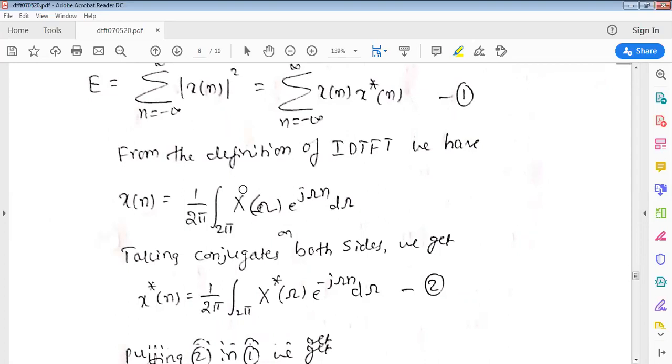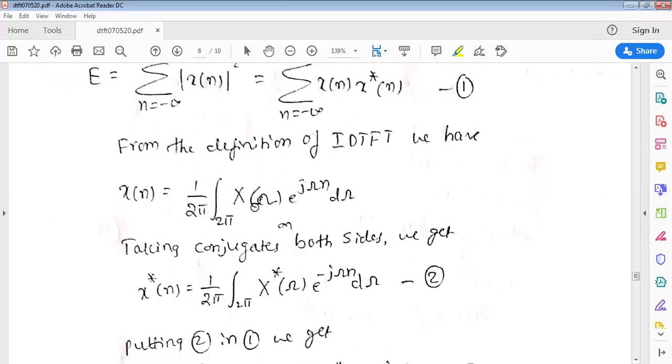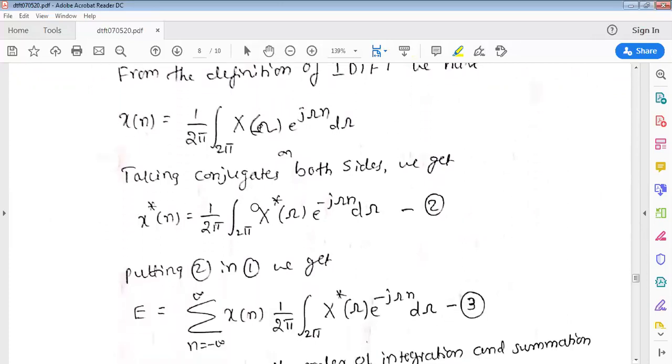I'll take star, it will become x star of omega e power minus j omega n, but the integral variable will remain unchanged. You are not integrating with minus omega d omega. It is only wherever omega is there. Here x of omega e power j omega n translates to x star of omega e power minus j omega n.